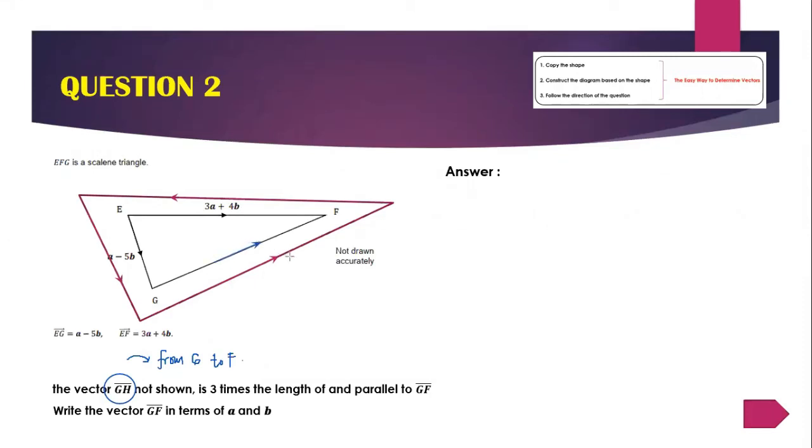Is it clear to you? So GF is parallel to our construction here. Right?